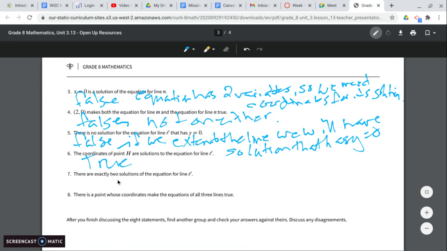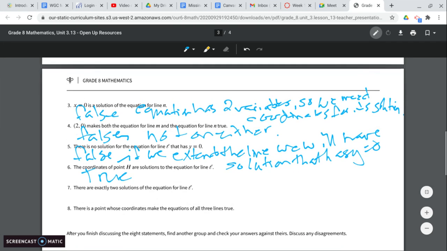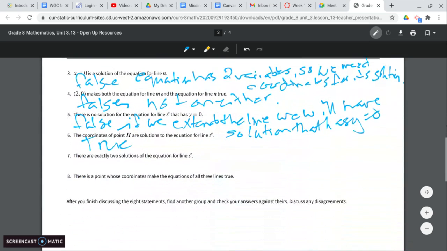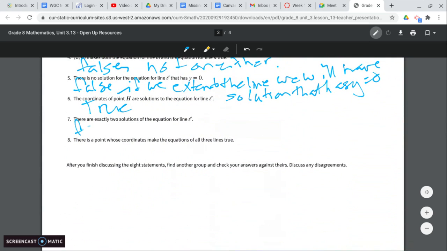For number 7, there are exactly 2 solutions of the equation for line L. So if we look, there are exactly 2 points marked on this line, but this is actually false. There are an infinite number of solutions.